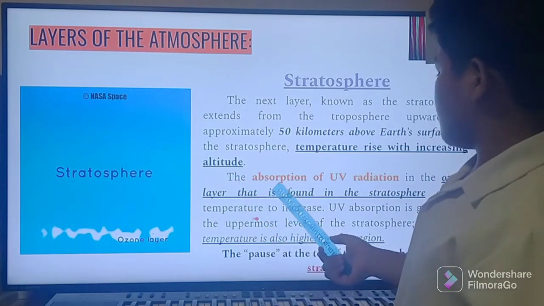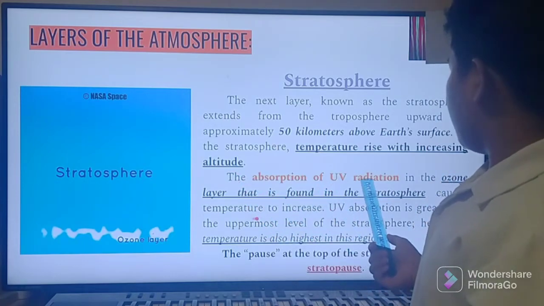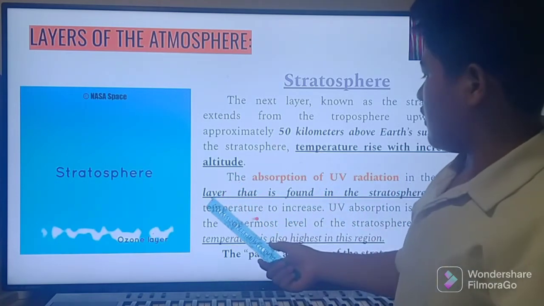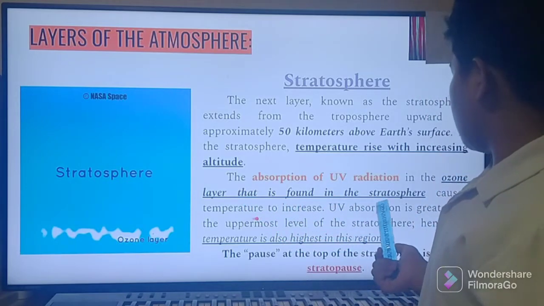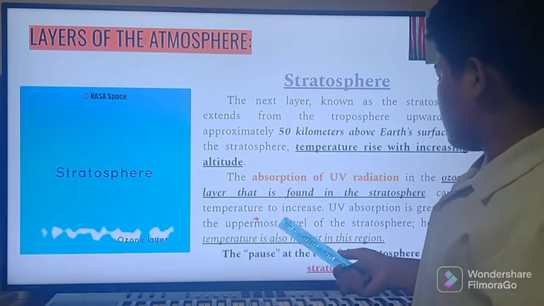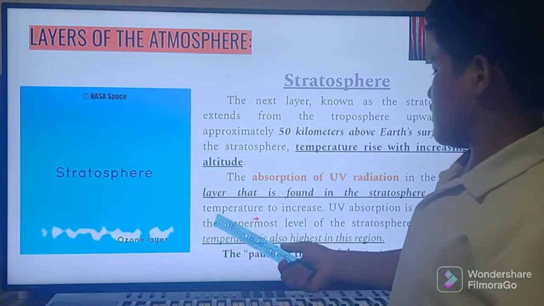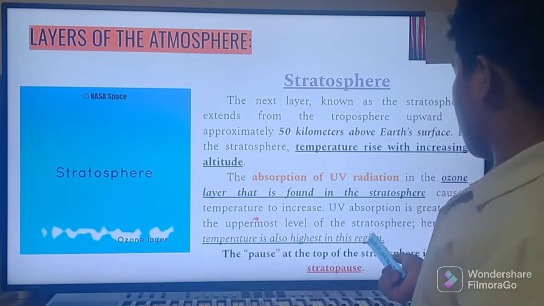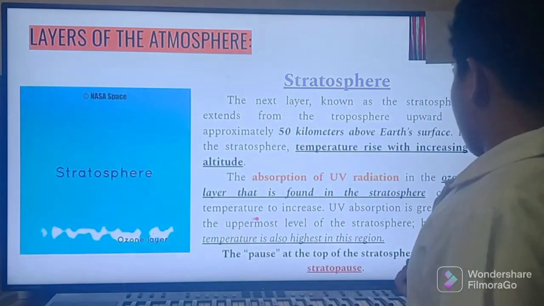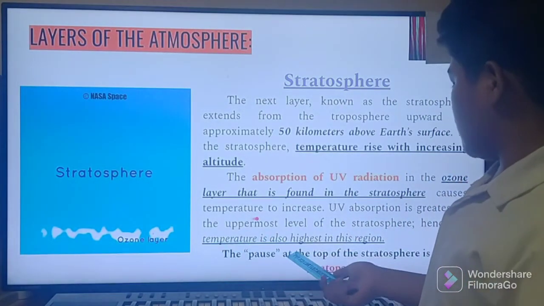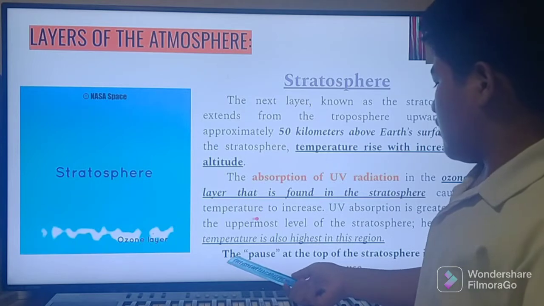The absorption of UV radiation in the ozone layer found in the stratosphere causes the temperature to increase. UV absorption is greatest at the uppermost level of the stratosphere, hence air temperature is also highest in this region.